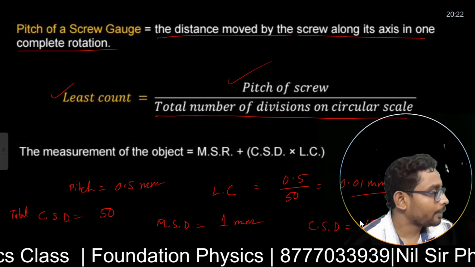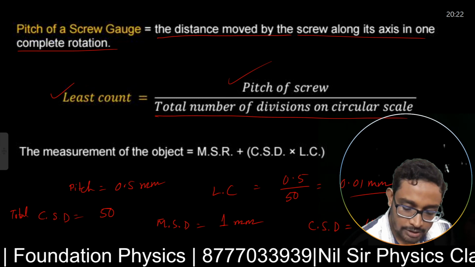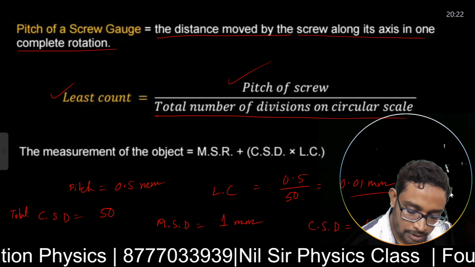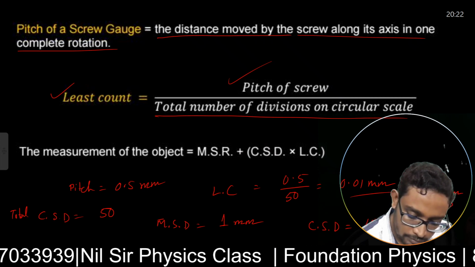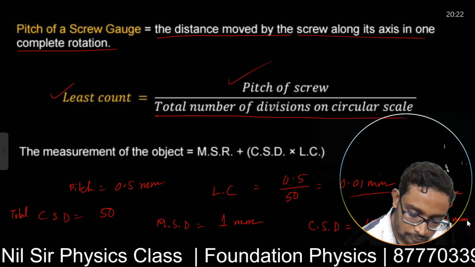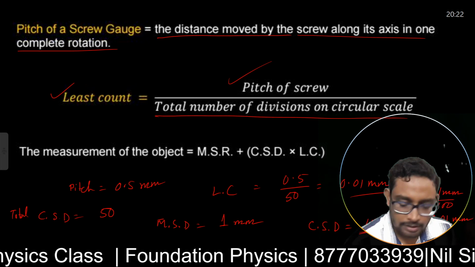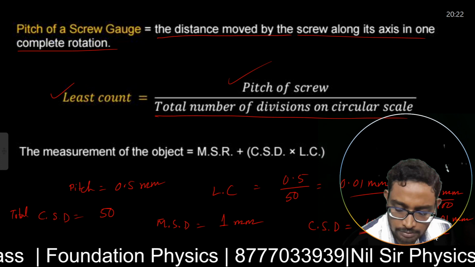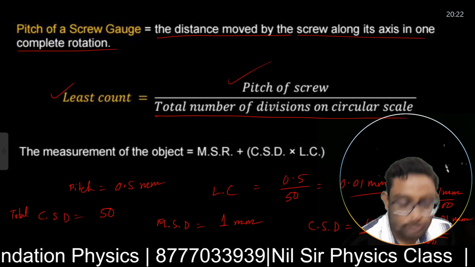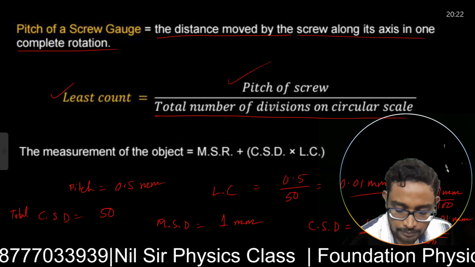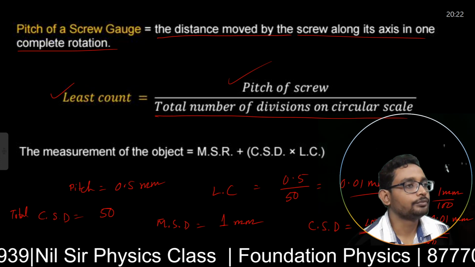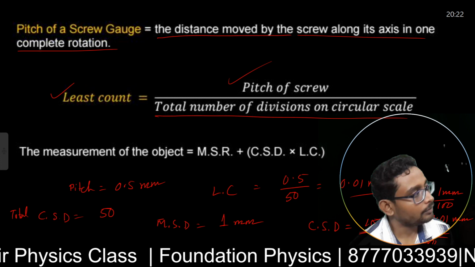So in this case, the least count comes to 1 millimeter divided by 100. If it is 200, then it is 1 millimeter divided by 200, which is equal to 0.005, right?